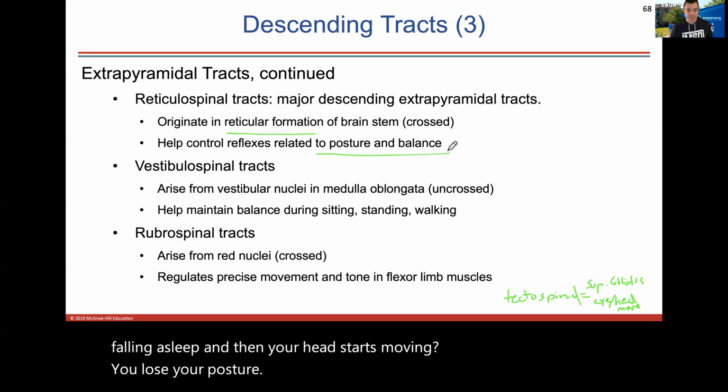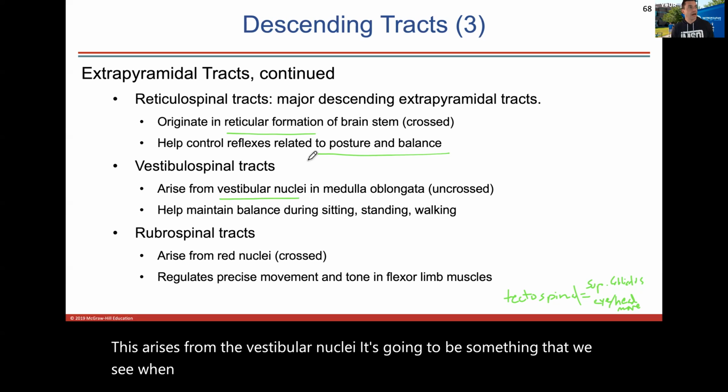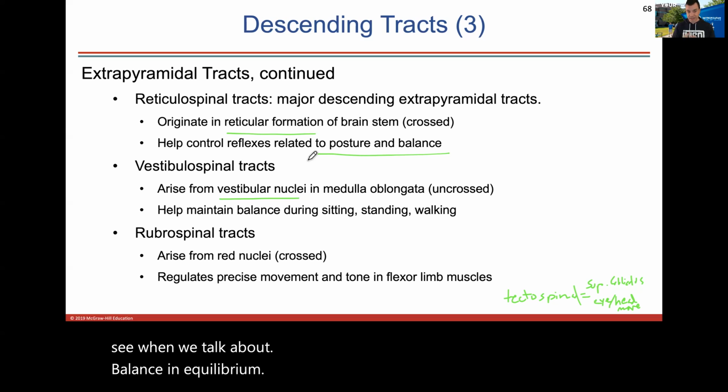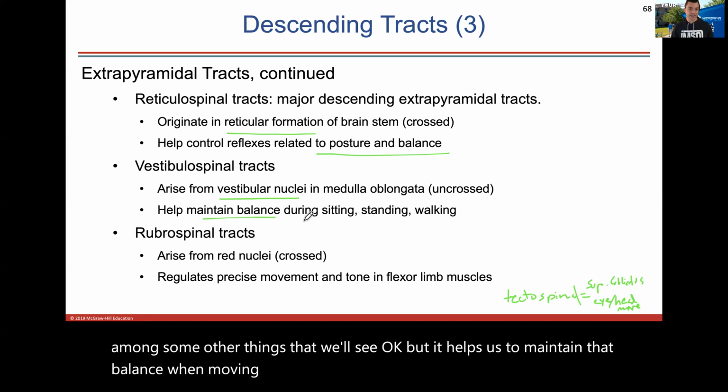Vestibulospinal. This arises from the vestibular nuclei. It's going to be something that we see when we talk about balance and equilibrium. The vestibular nuclei gets information from the vestibular apparatus, among some other things that we'll see. Okay. But it helps us to maintain that balance when moving around. Okay, sitting, standing, walking. All right.